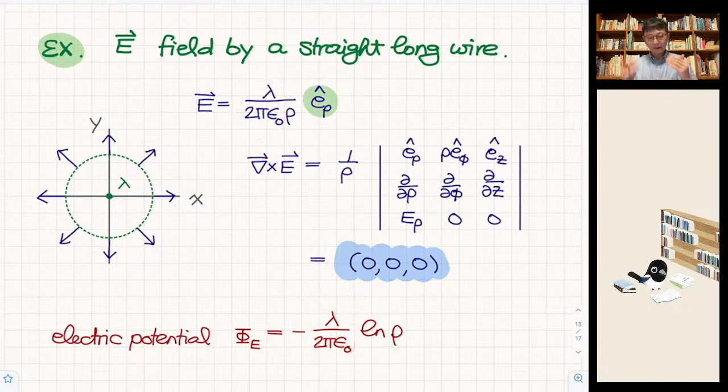So if you then take this phi and use the gradient formulas that we learned in curvilinear coordinates, try to calculate the gradient of the electric potential. You will get the correct form of the electric field.